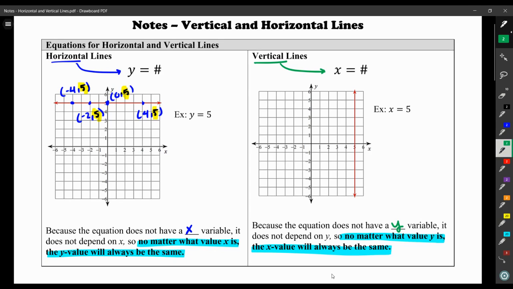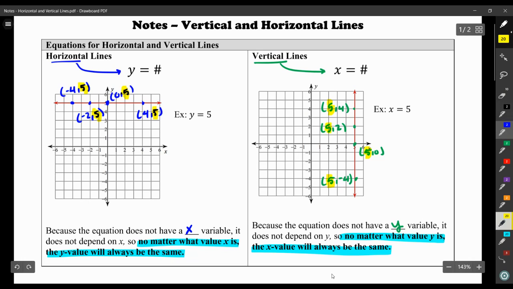If I plot x equals 5 here, that is at (5, 0), and then maybe I can plot a point at (5, 2), and maybe this point at (5, 4), and then maybe this one at (5, -4). If I look at all these coordinates, they all share an x value of 5. Their y's are changing, but the x's are always 5.